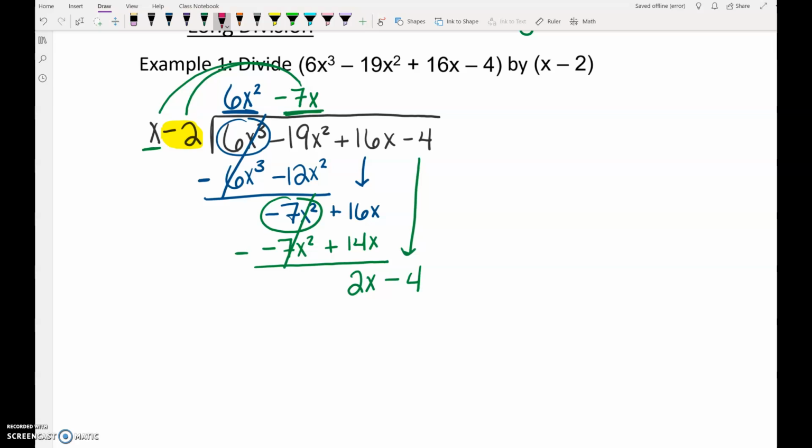Now we're ready for round 3. This time, x times what will give us 2x? Positive 2. Distribute. 2 times x is 2x. 2 times negative 2 is negative 4.